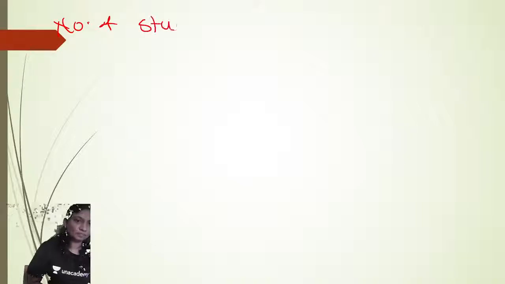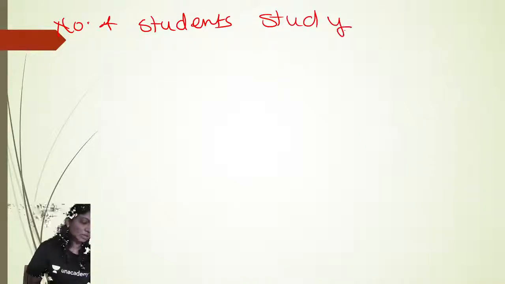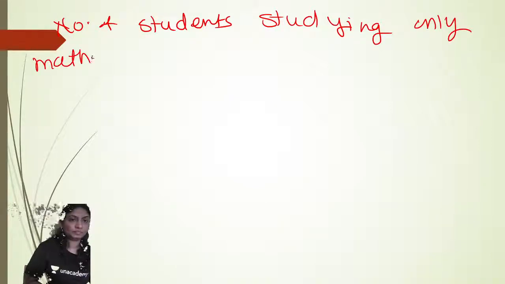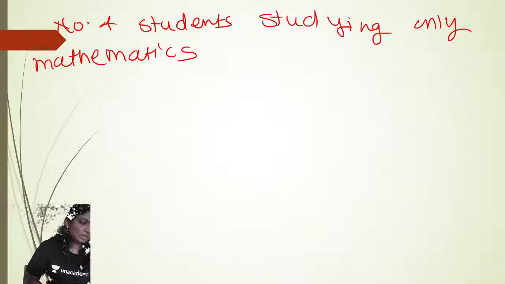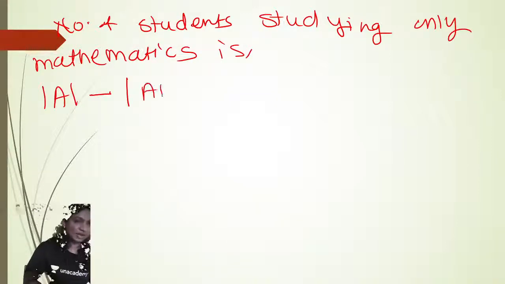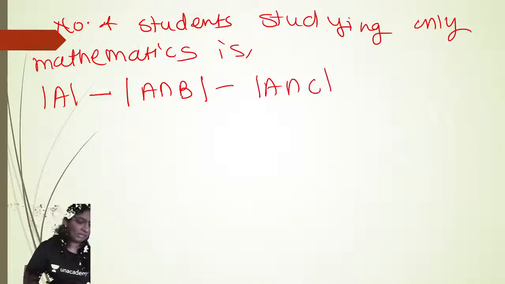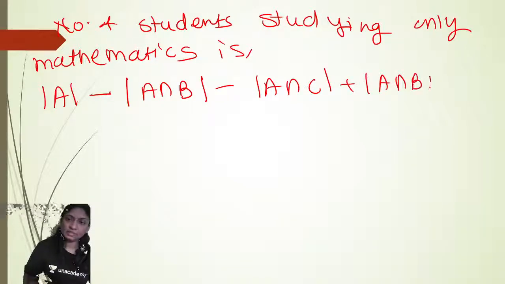So the number of students studying only mathematics is cardinality of A minus cardinality of A intersection B minus cardinality of A intersection C plus cardinality of A intersection B intersection C.